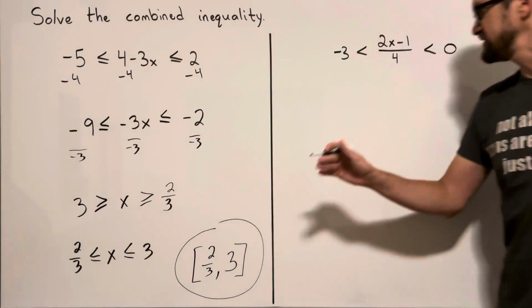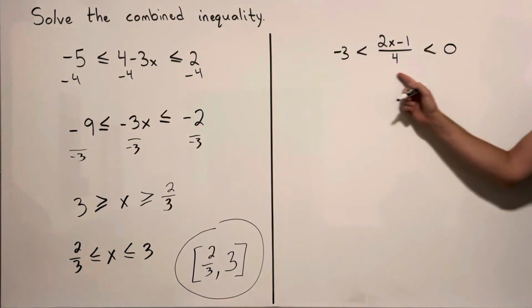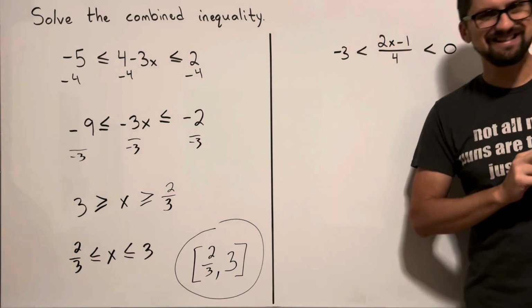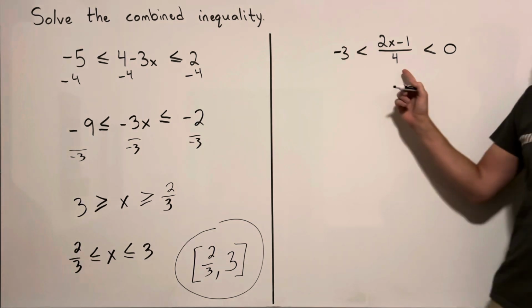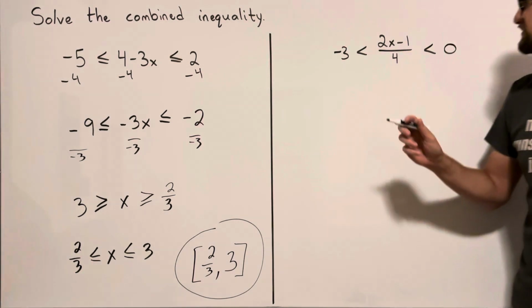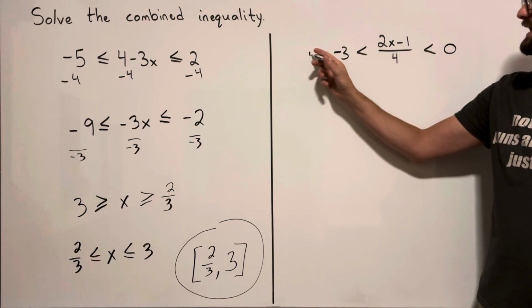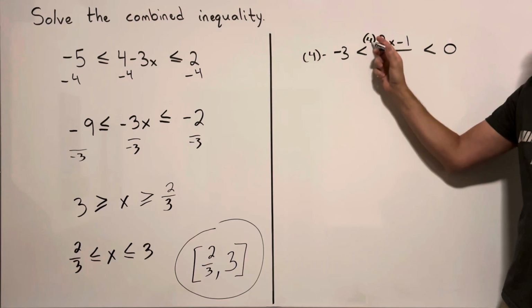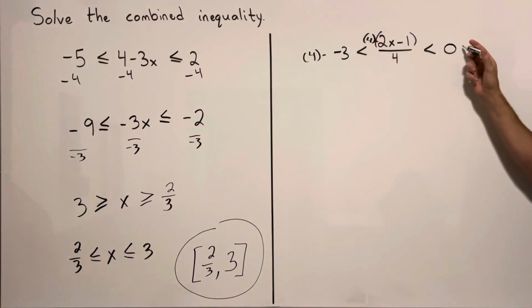That's the first one. Let's look at this next one. This is also a combined inequality. Again, we're trying to isolate the x. The first thing you want to do here is get rid of this divide by 4 on the bottom. So here we're going to multiply all three parts by 4.